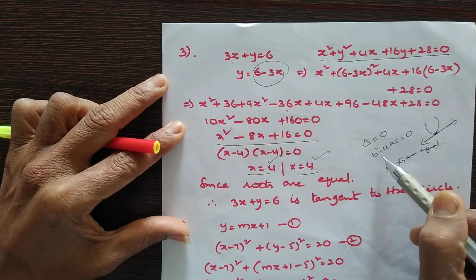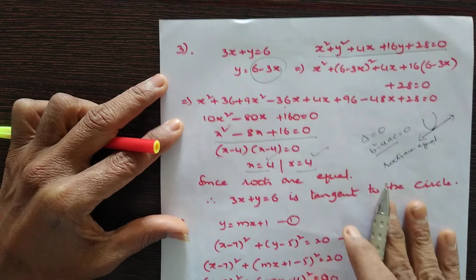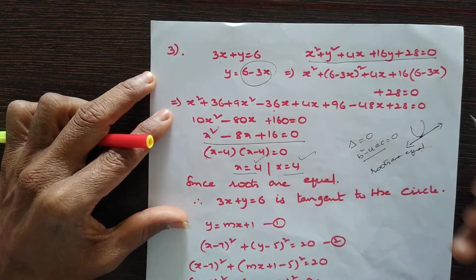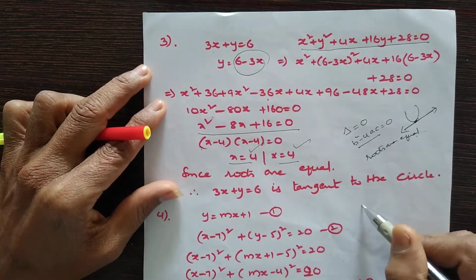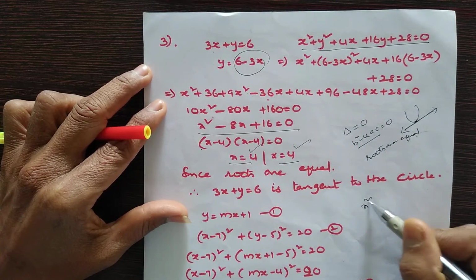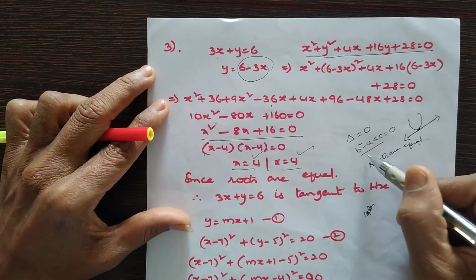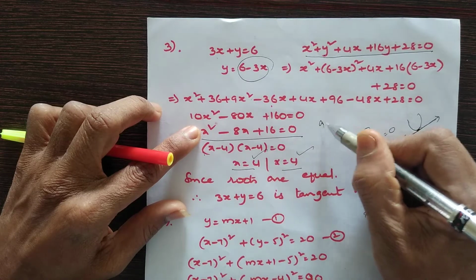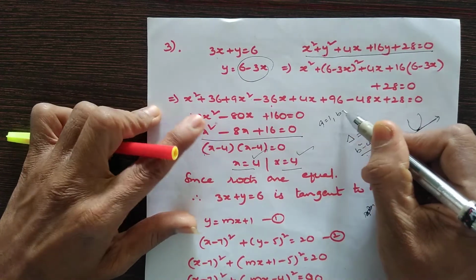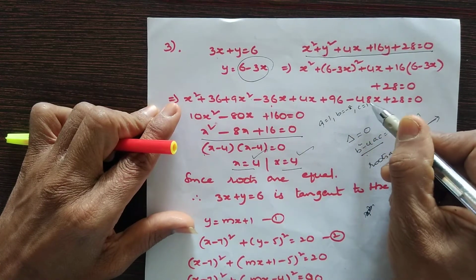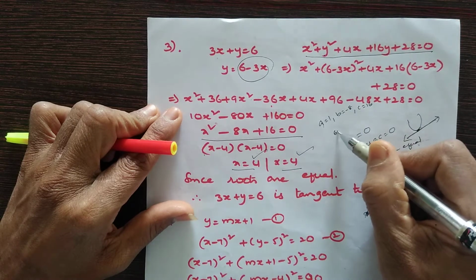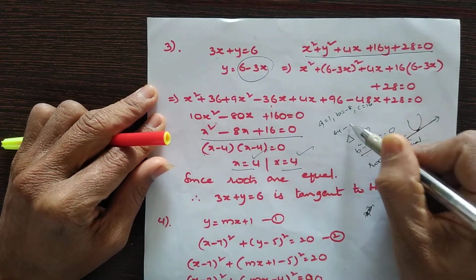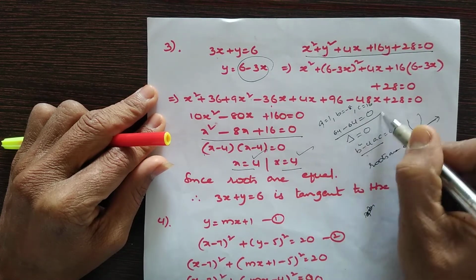And another way we can show that is by using the concept b square minus 4ac. Here, what is over here, x square, here I will write b square directly, here a value will be 1, a is 1, b is minus 8, c will be 16. b square minus 4ac, 4ac means 4 into 16, 64, 0 we got.